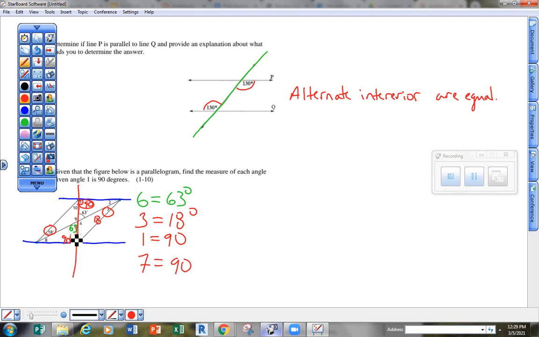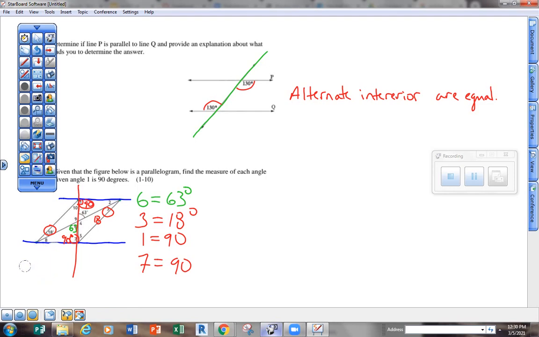And then if you know this angle 63, angle 6, and this is 90, then this part of the triangle, if I add those up, I know that this missing piece right there has to be what it takes to get that to be 180.